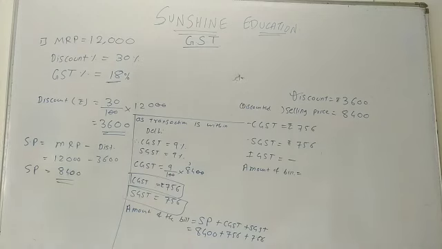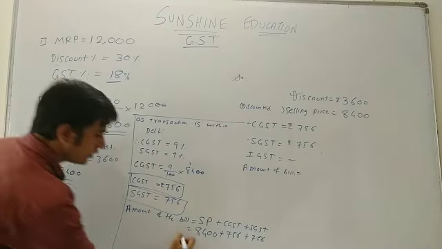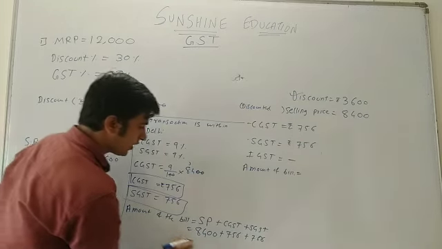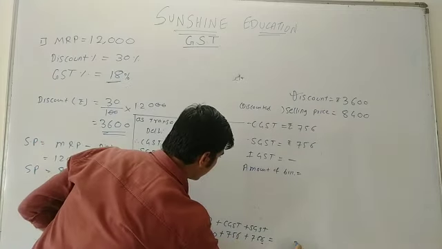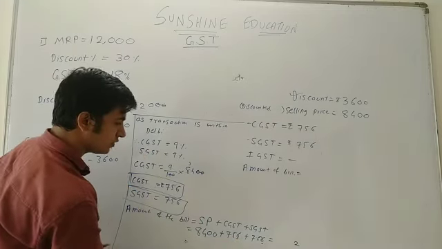When you add it, I'll write it over here. I hope this is visible. 6 plus 6 is 12, because here it is 0.